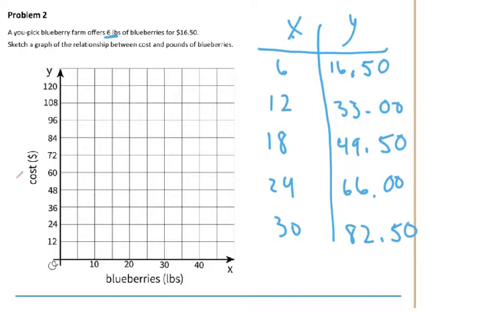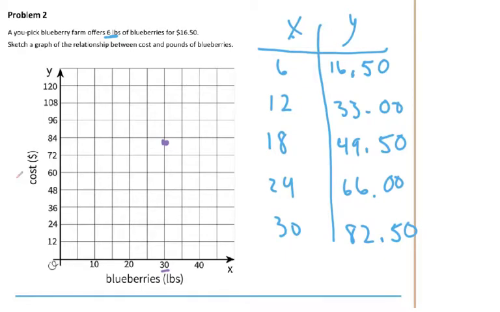I'm just going to take these numbers now that I wrote, and I'm going to attempt to graph them. I'm going to go to 30 and 82.50 first. 30's here. You're going to be estimating, guys. This is not perfect. That's going to be about where that is. And I'm going to do my best to get all these points.